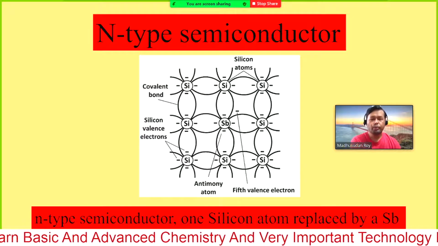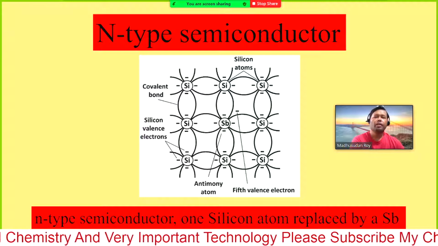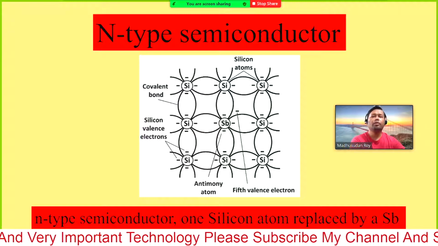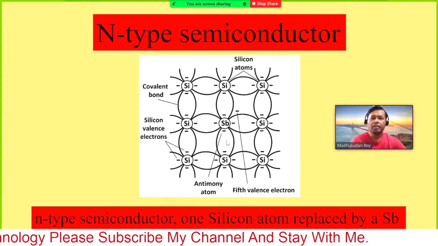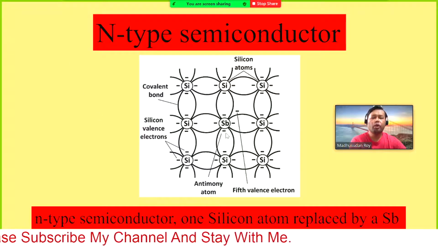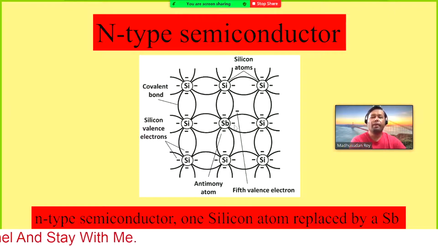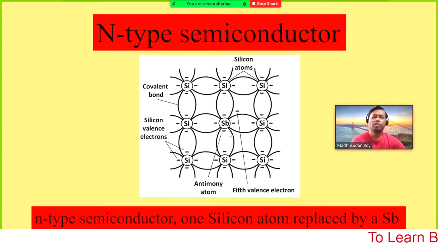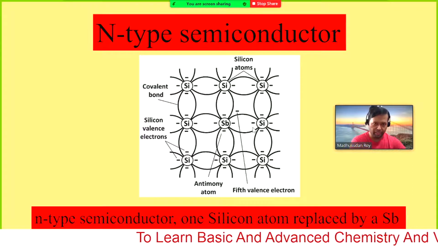So if we replace one silicon by a pentavalent atom, the antimony can form bonds with 4 silicons having 4 electrons shared. So one here, one here, one here, one. So one antimony can share 4 electrons to make bonds with the nearby 4 silicons.